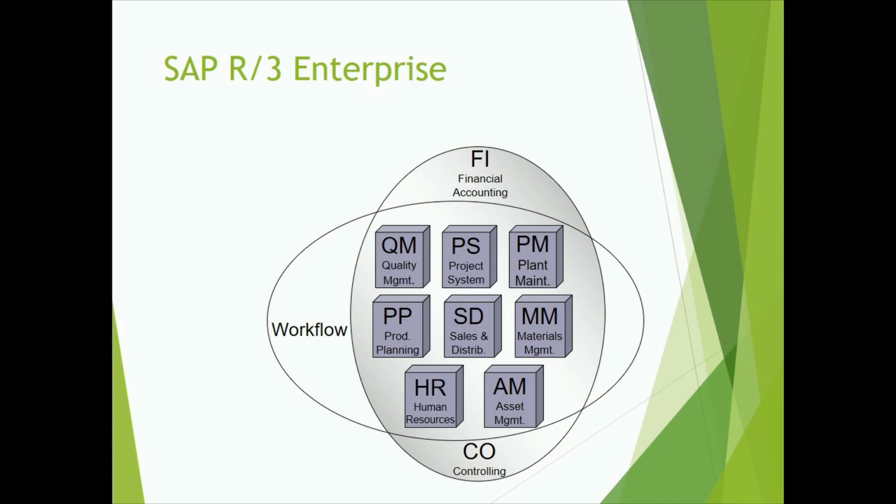QM stands for quality management, PS project system, PM plant maintenance, PP production planning, SD sales and distribution, MM materials management, HR human resource, AM asset management, and overall these come under financial accounting and controlling, CO. So let's move forward.